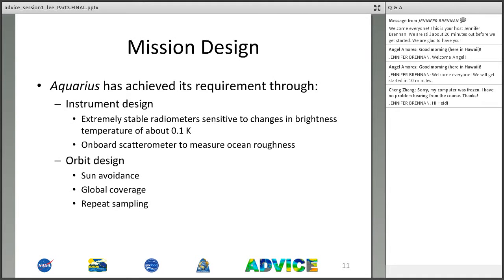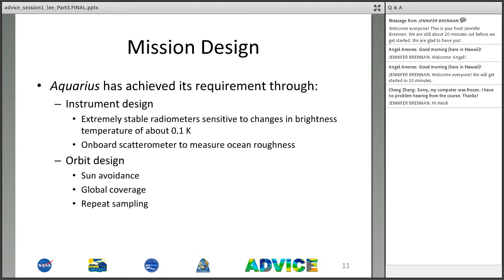Okay. Now a bit more about the instrument design. One of the major factors that make it possible for Aquarius measurement to achieve the target accuracy of 0.2 PSU for salinity is the very precise radiometer.